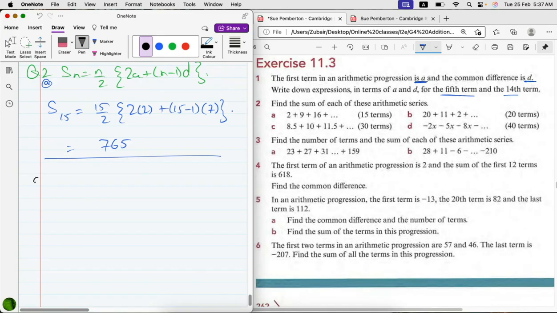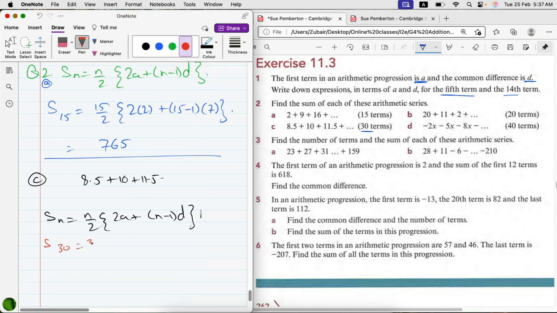I'm doing the C part, that is 8.5, then 10, then 11.5. So the sum of terms is equal to n by 2, 2a plus n minus 1 into d. We need to calculate the sum of the first 30 terms. So the sum of first 30 terms is 30 by 2, 2 into the first term 8.5, plus 30 minus 1, and the difference between 10 and 8.5 is 1.5.